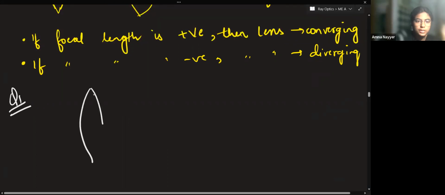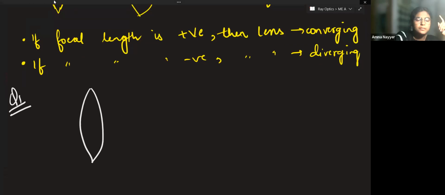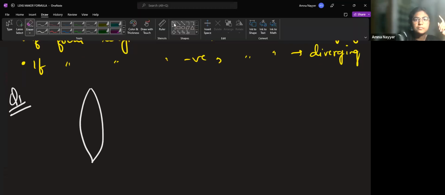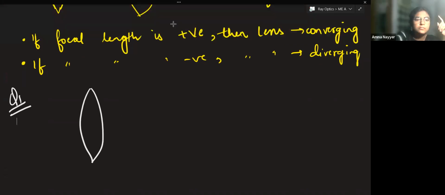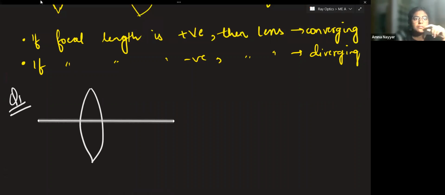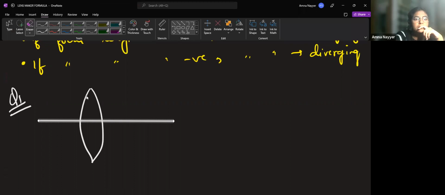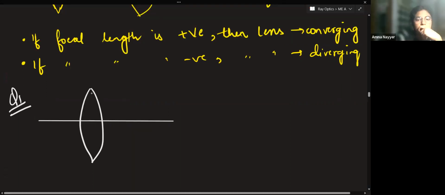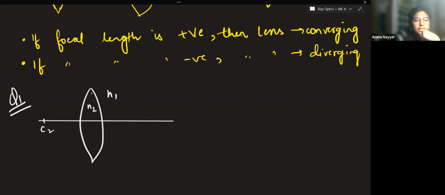See, this is one question. I hope the above part you all have written. So this is N1, this is N2. This is C2, center of curvature, this is C1.